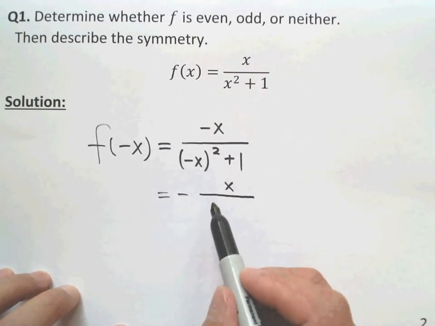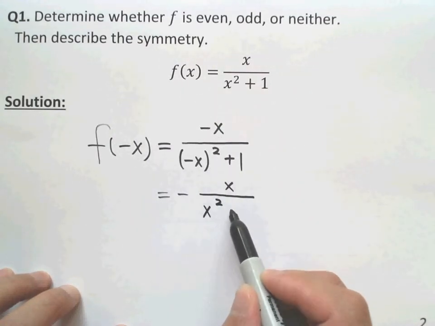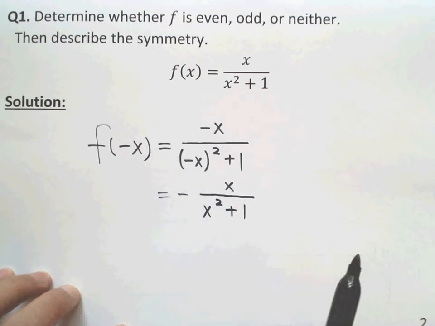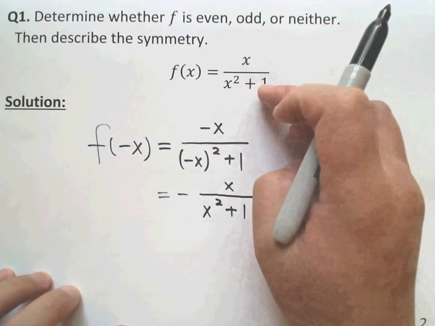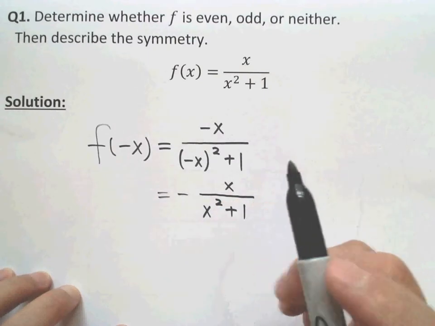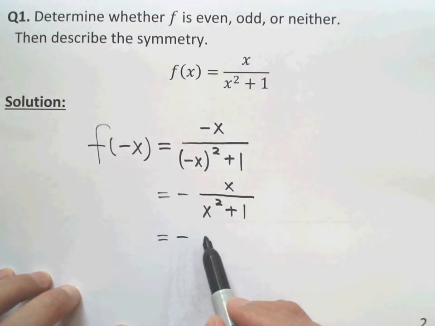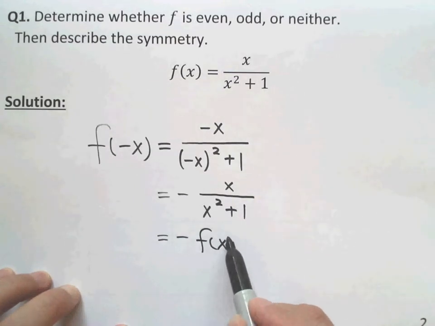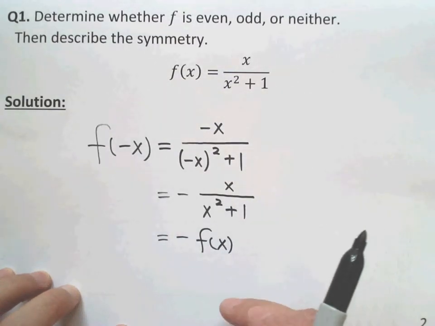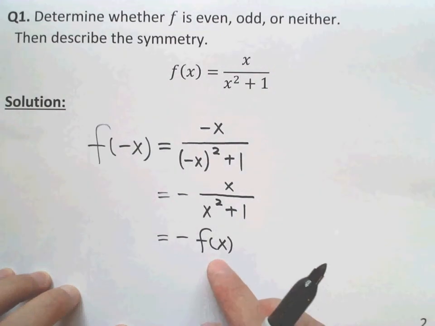Negative x squared is x squared. Plus 1. Now we can compare this to the original. This is the opposite of the original, right? This is negative f of x. The original equals the opposite.